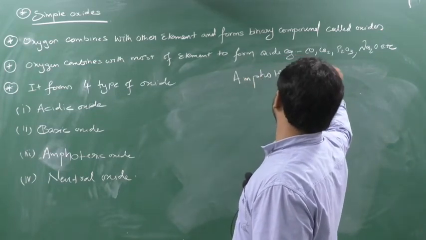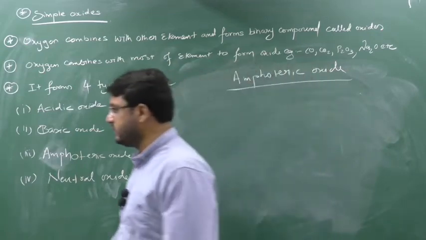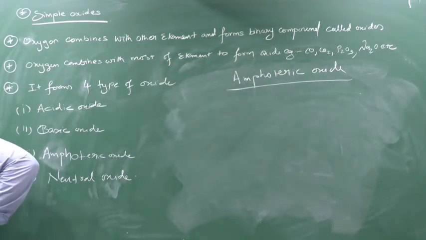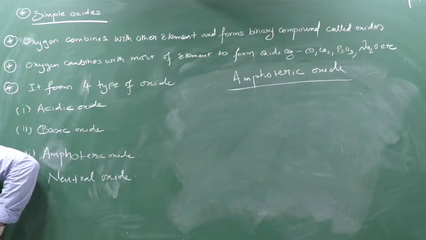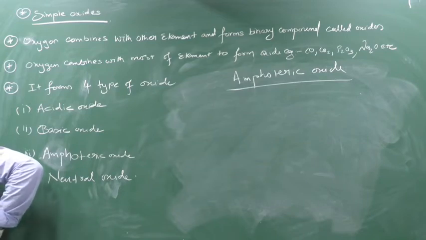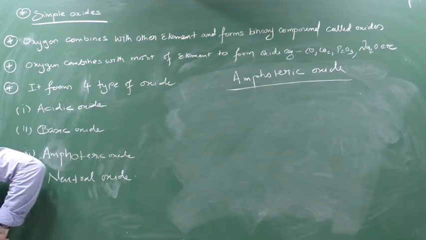Amphoteric oxide. Write down a bit of the story about it. Certain oxides possess both acidic and basic nature, and they react with both acid as well as base.